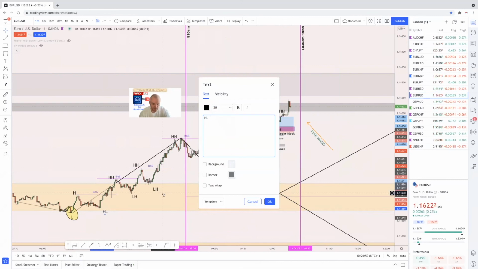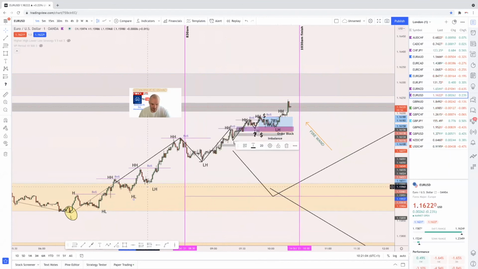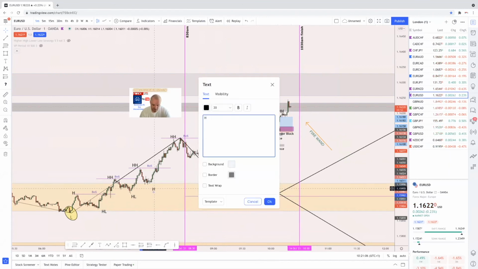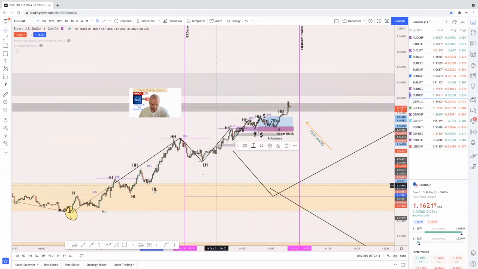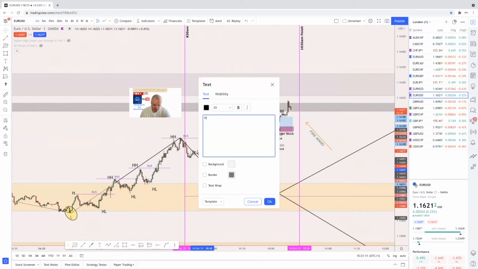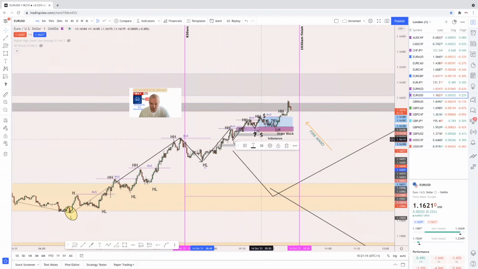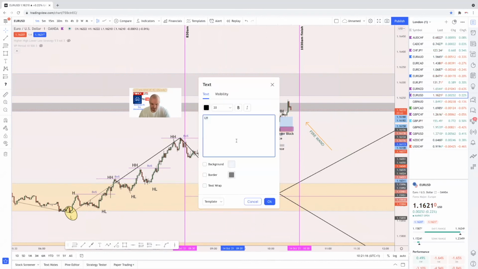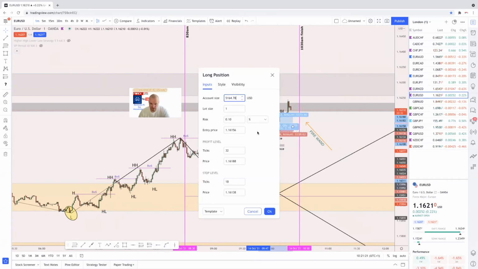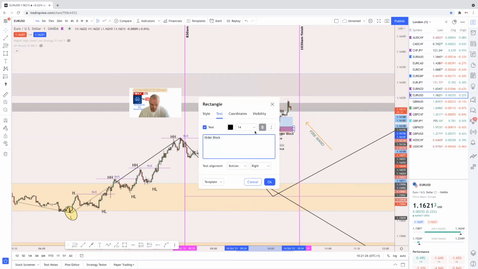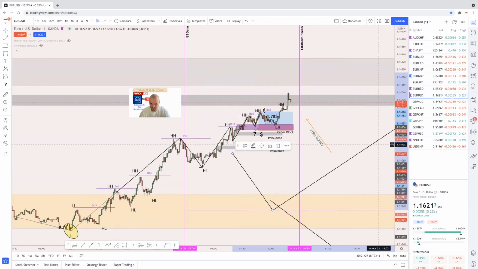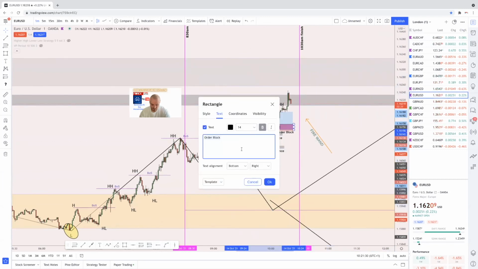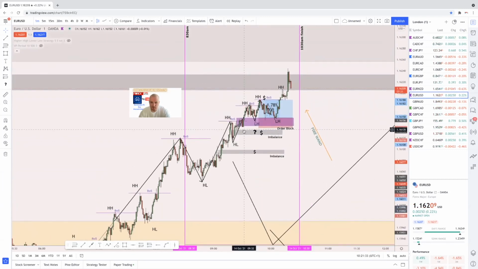It's a higher low. You couldn't make it up, could you?